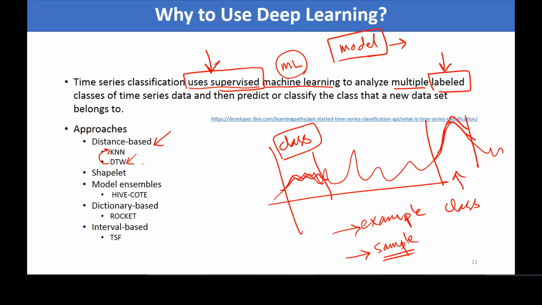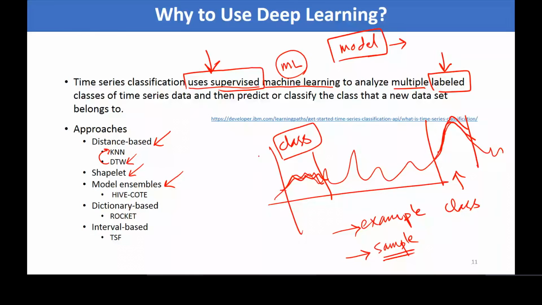Or it could be just discovering some shapes within the signals, called shapelet-based algorithms. Or it could be model ensembles, using a group of machine learning algorithms, voting or combining their classifications, and coming up with a single classification at the end.